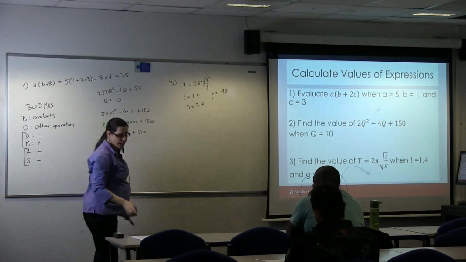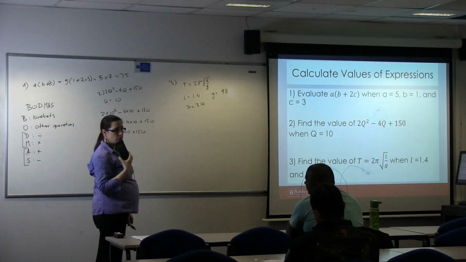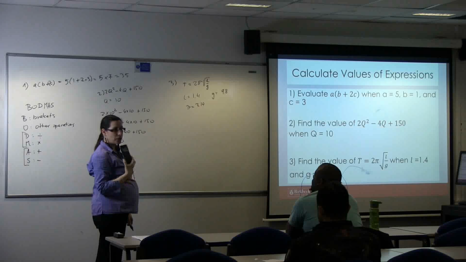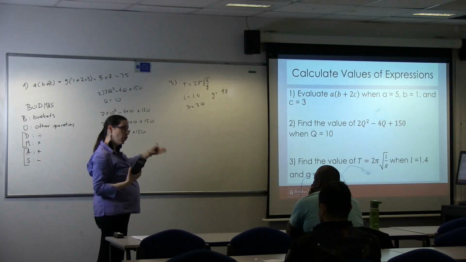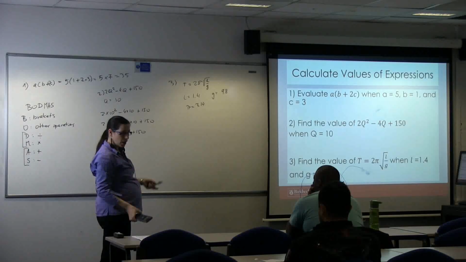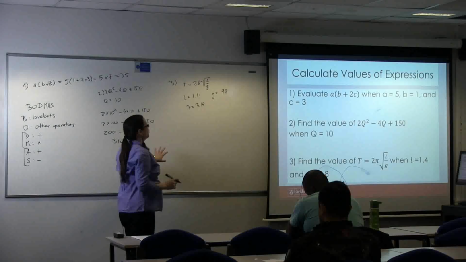Now your scientific calculator stores the value of pi to 10 decimal places, so if you want to be very exact, you can actually use the calculator to call the pi number up, and then you will get a more exact answer. But quite frankly, 2 decimal places is a very good approximation.